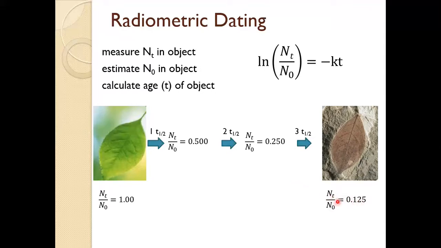So if we're confident in this ratio, then we can estimate that this object is about 3 half-lives old. The actual age then, of course, depends upon what we're actually measuring. For carbon-14, as we'll get into, the half-life is about 5,730 years, so 3 half-lives old would be about 16 or 17,000 years old.